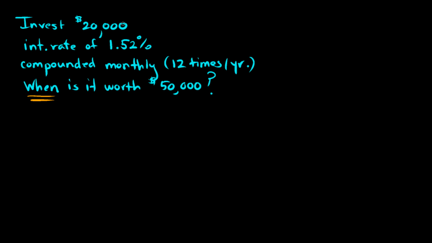Okay, so for these kinds of problems, we're going to be dealing with one or two different kinds of equations. The first equation looks a lot like the other one. It's A equals P times 1 plus the rate divided by the number of times a year it's compounded, raised to the number of times a year it's compounded times the time.